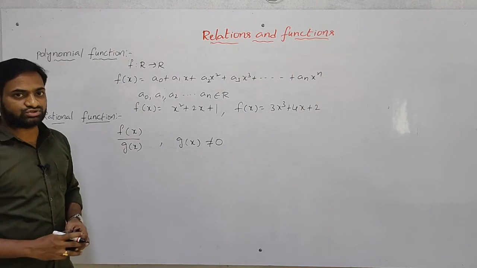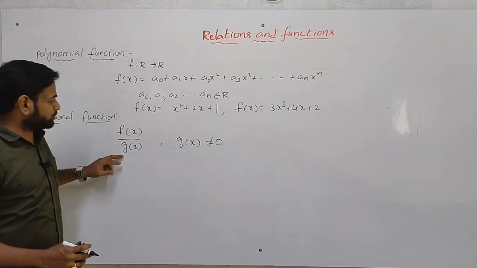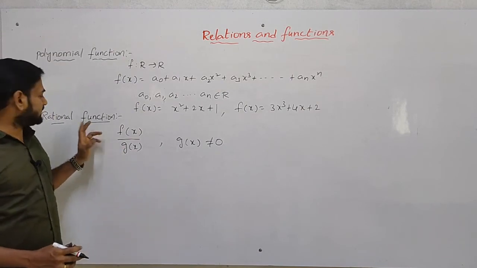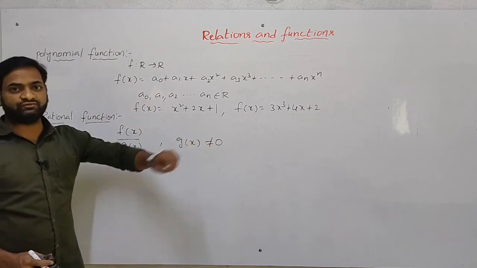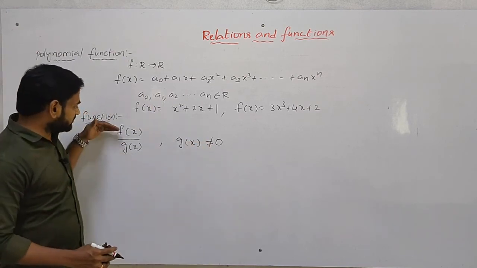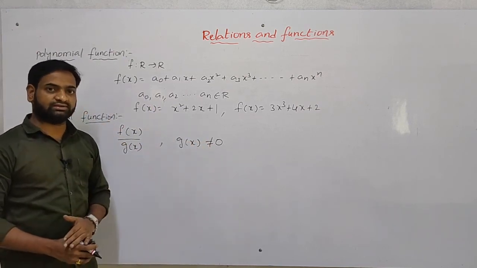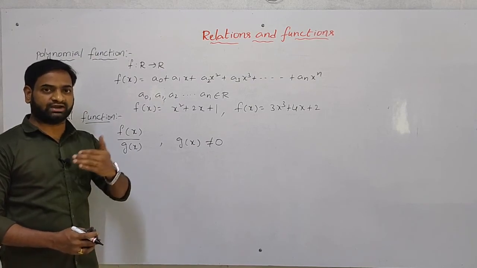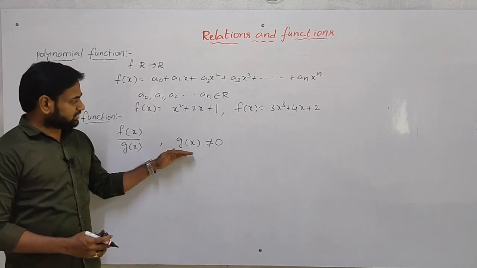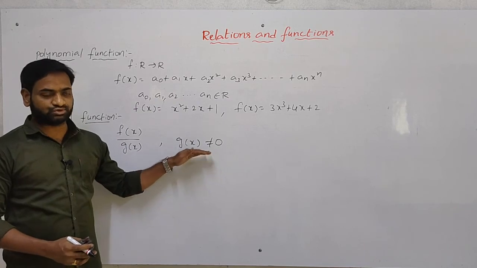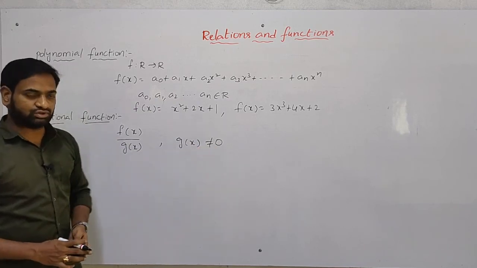Why is it not equal to 0? If it is equal to 0, then the rational function is not defined. Something by 0 is not defined. That's why don't take it as 0. So g of x is always not equal to 0.